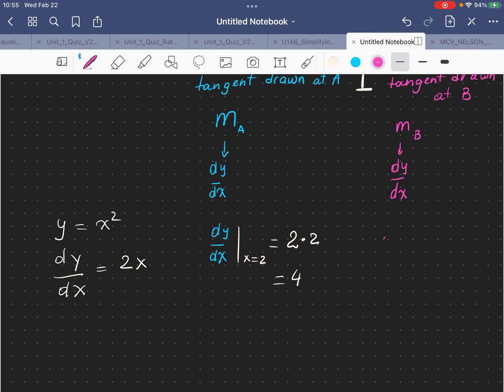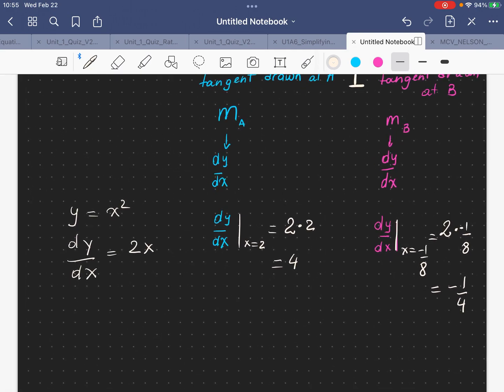Now, at x equals negative 1 over 8, since the derivative is 2 times x, it will be 2 times negative 1 over 8. That will make it negative 1 over 4. So therefore, the slope of the tangent at A will have a value of 4.